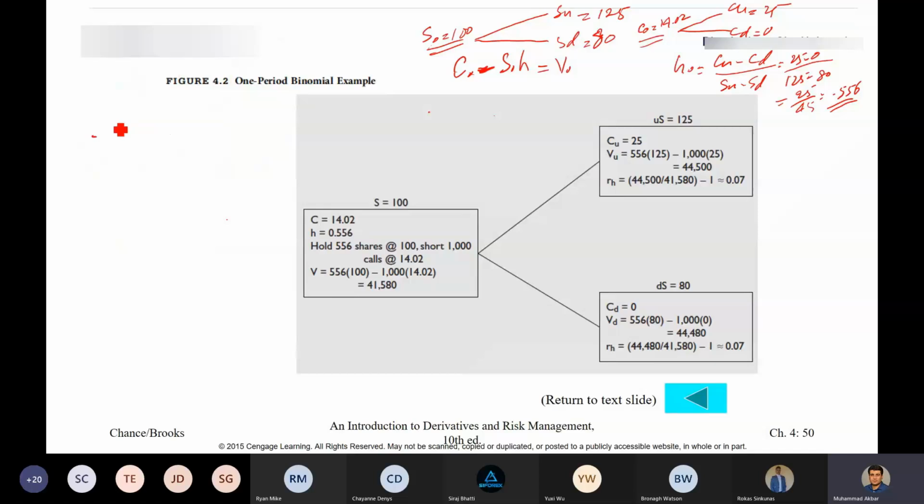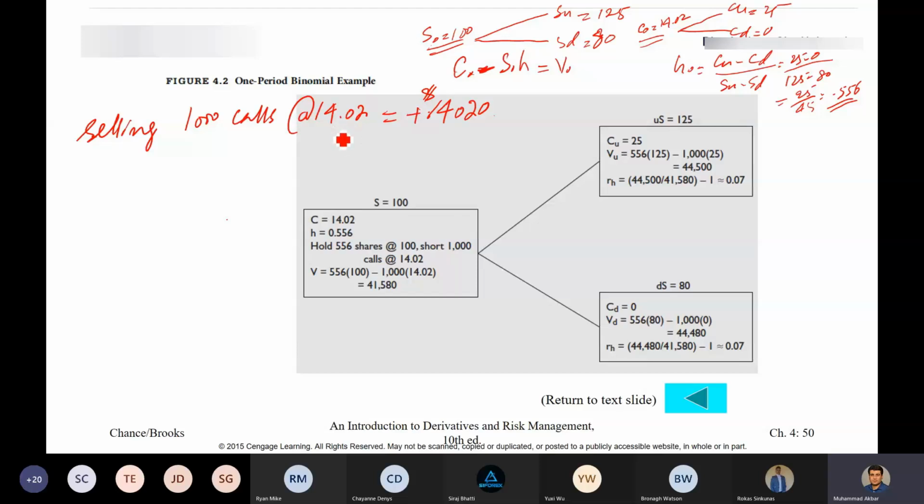Now, let's suppose here the dealer is selling 1000 calls at 14.02. If he sells 1000 calls at 14.02, he will receive how much cash? He will receive $14,020 as cash flows. He is the writer of the calls.